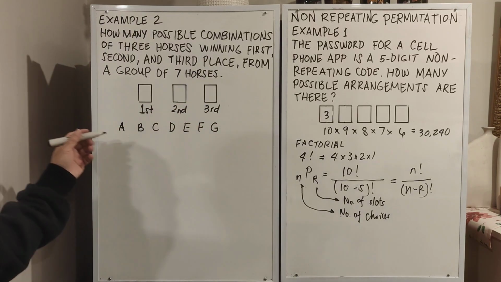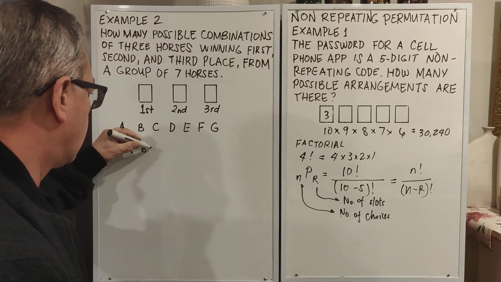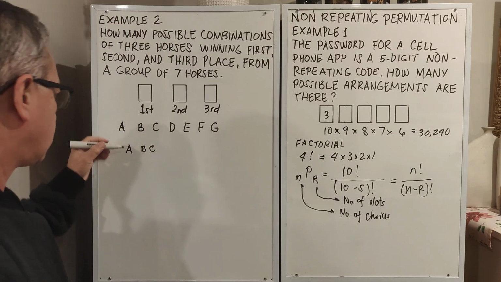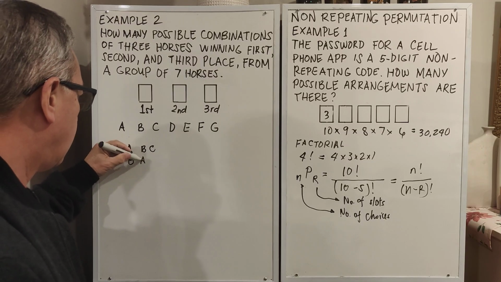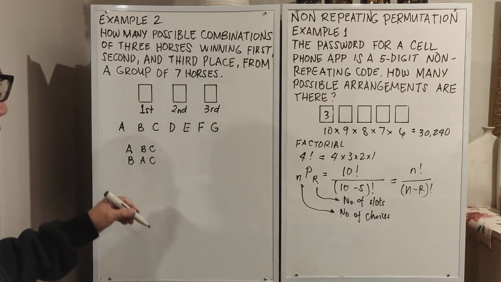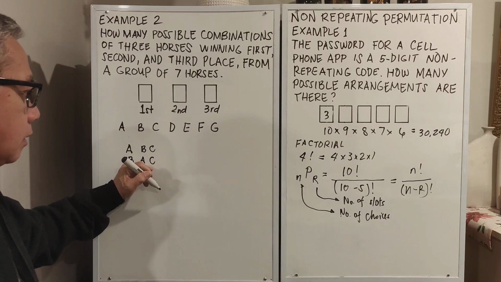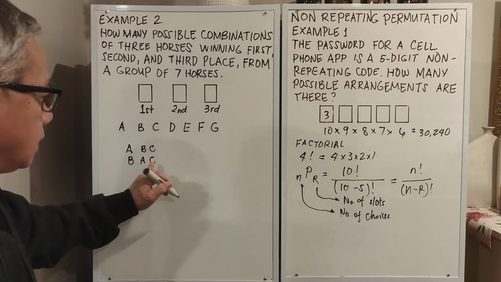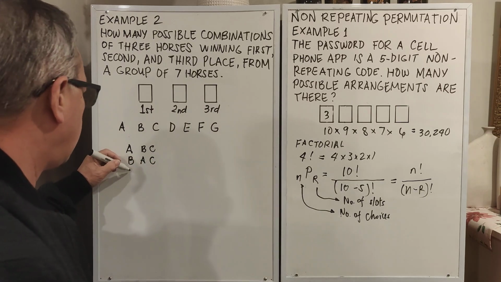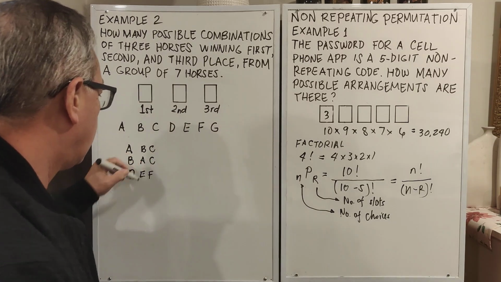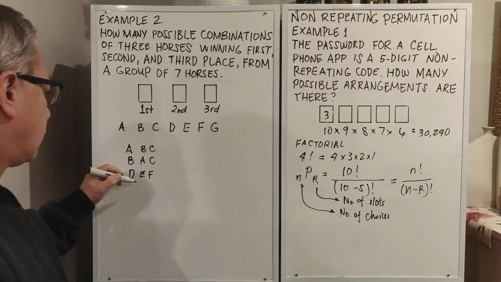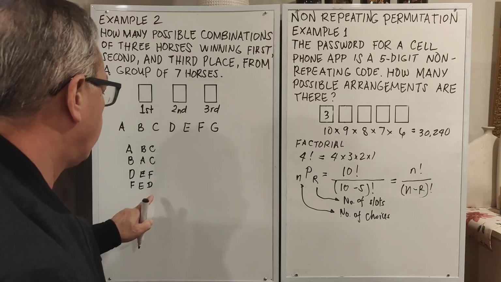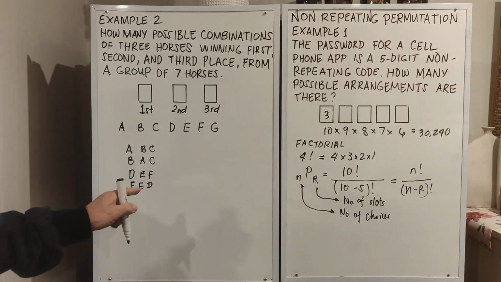It is possible that A, B, and C can win first, second, and third, but it could also be B, A, and C, which is another combination. This time B wins first place, A second place, and C third. Or it could be D, E, and F. But it could also be F, E, D winning first place, second place, and third place consecutively.